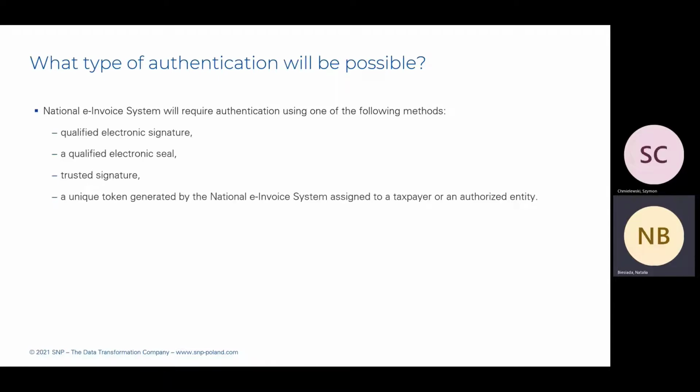So the first is qualified electronic signature. Next, qualified electronic seal. Thirdly, trusted signature. And last but not least, a unique token generated by the National E-invoicing System assigned to a taxpayer or an authorized entity.